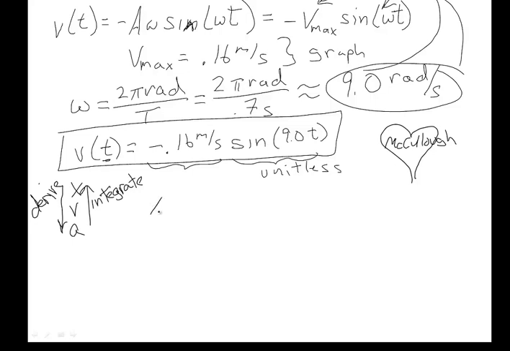As we integrate to find our position function, we want to integrate to go from velocity to position. So we're going to take the integral of the velocity with respect to time. So we're integrating v dt, where we already know our function for v.